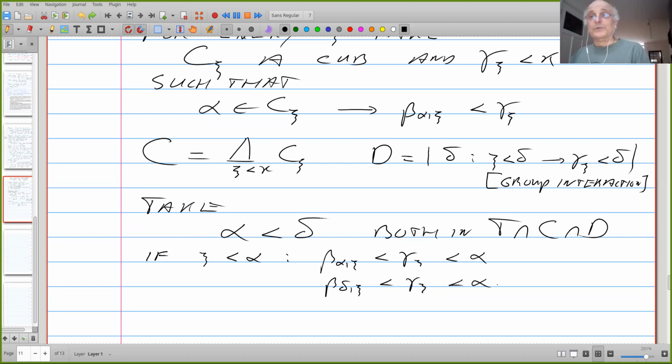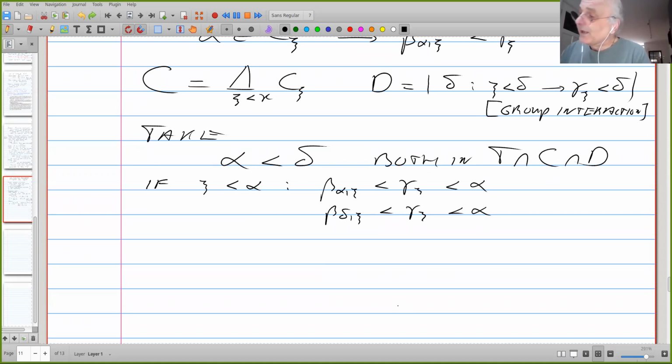Delta belongs to C, that's the important bit. It means that all the beta delta xi's are less than the gamma xi's, and because alpha belongs to D, we have this thing. And this is the important bit here.